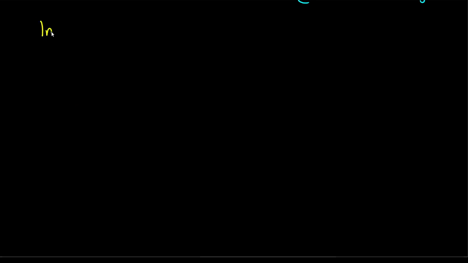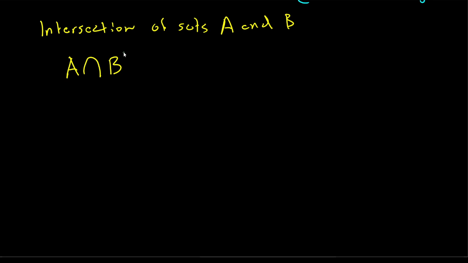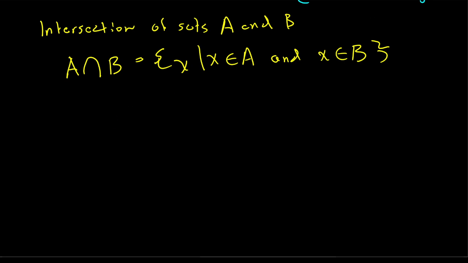There's one other thing we can do. We can talk about intersections. If we talk about an intersection of sets, we will write this as A intersection B. It is the collection of all elements x such that x is in set A and x is also in set B. Visually, if this is all the elements in set A, and this is all the elements in set B, the intersection is the elements that exist within this space.